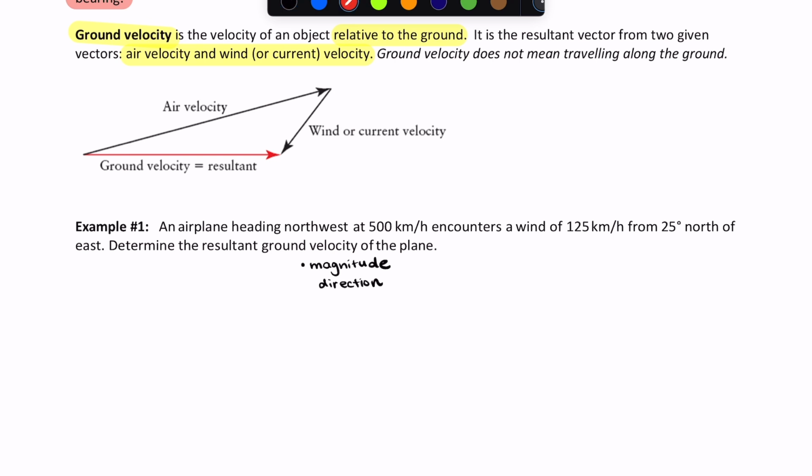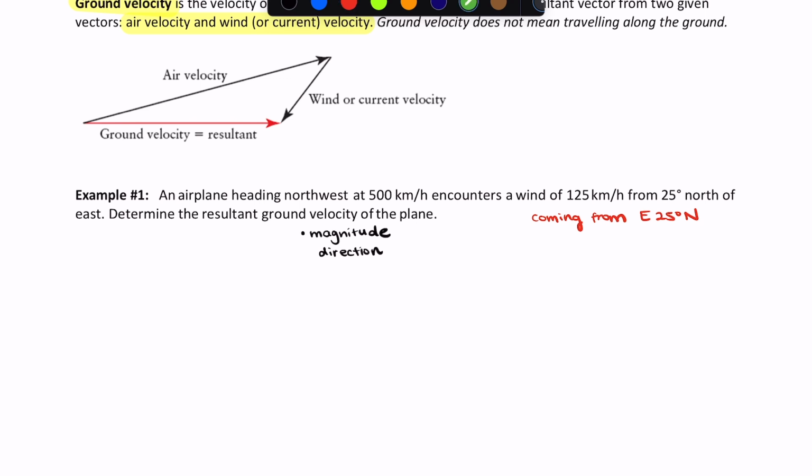We can write that as E 25 degrees N. What we want to do is draw the resultant from the tail of the plane velocity to the tip of the wind velocity.